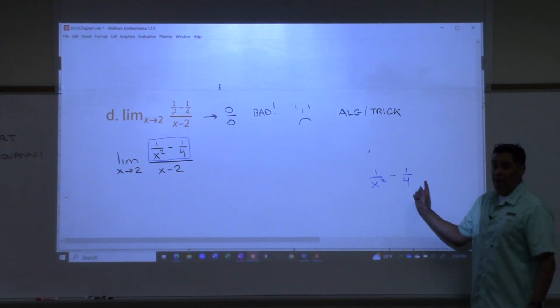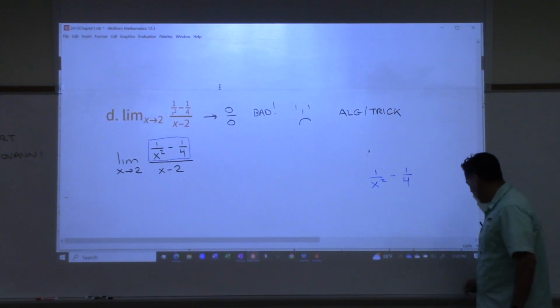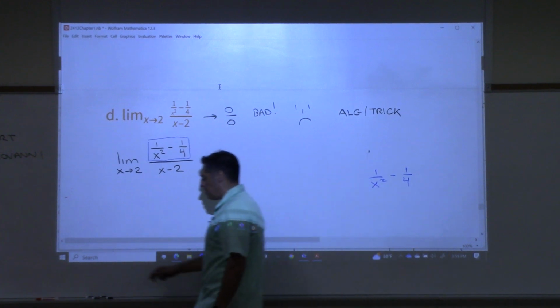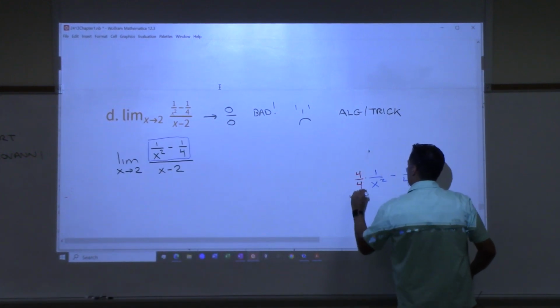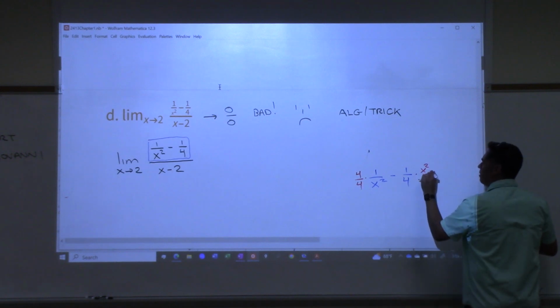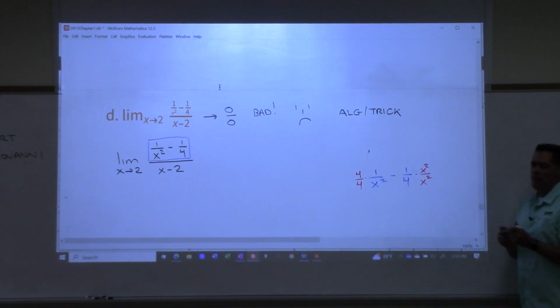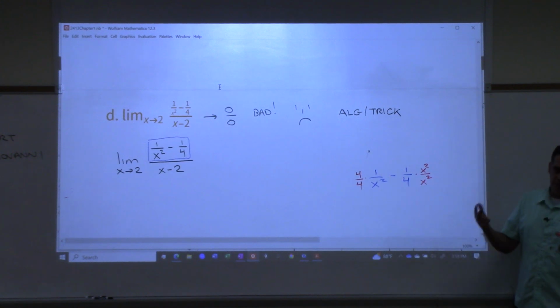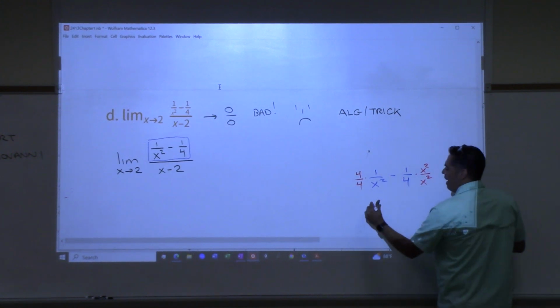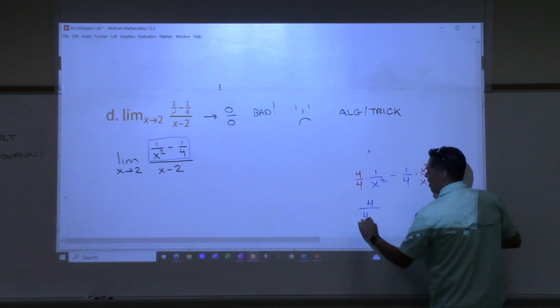So 4x squared is the common denominator, so that means I have to take the fraction on the left, multiply the top and bottom of it by 4. The fraction on the right, multiply the top and bottom by x squared. If I do that, I'm multiplying each of them by 1, which doesn't change the problem, just makes it look different. But it allows me to have the same denominator.